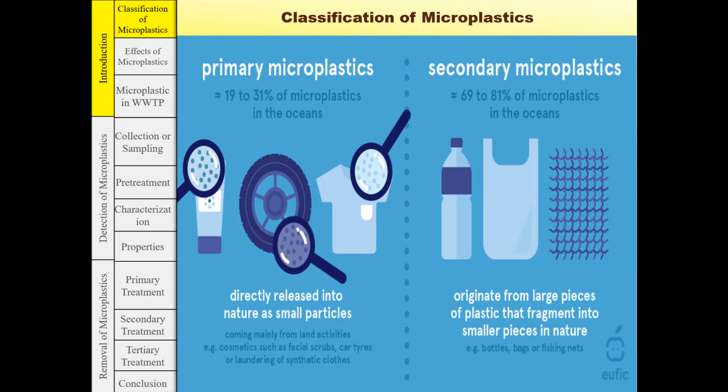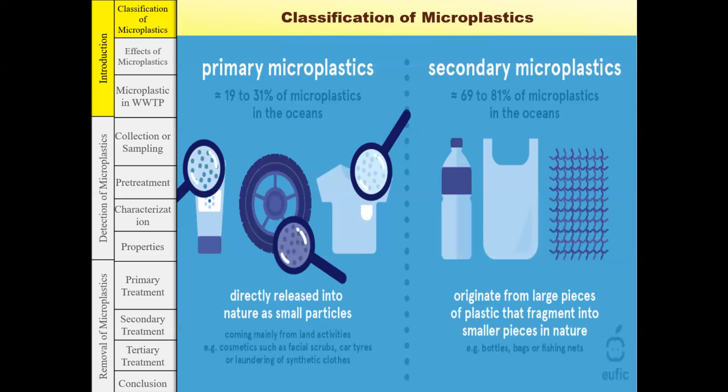Next example is the washing of synthetic clothes. There are some small fiber-like microplastics which mix with wastewater and at the end are discharged into rivers or lakes, and as a result contaminate them. This type, primary microplastic, accounts for around 19 to 31% of overall microplastic found in the ocean.